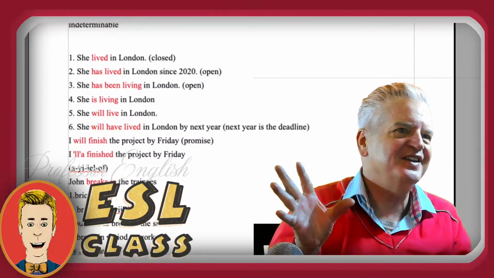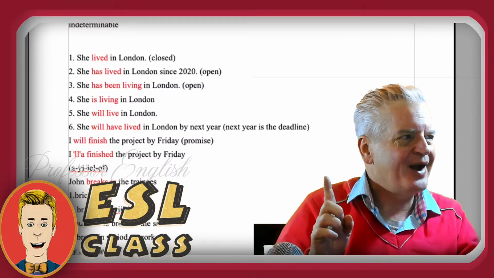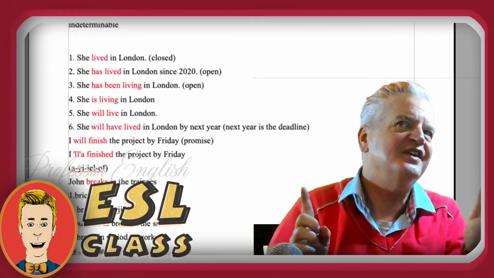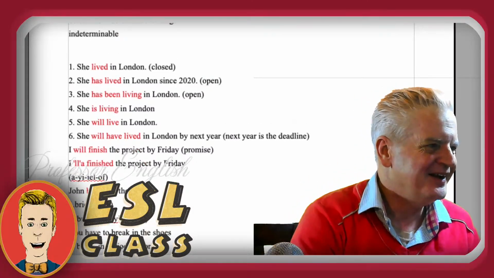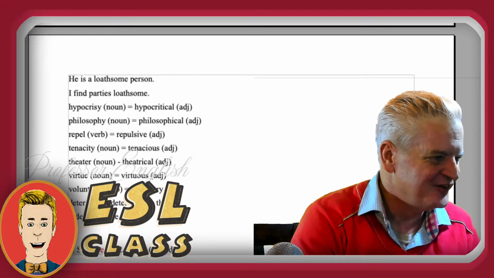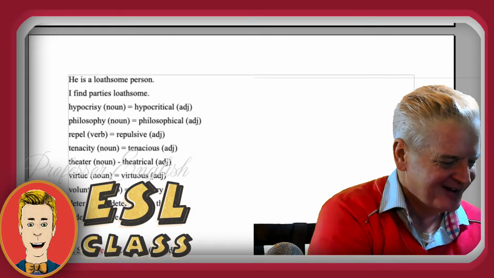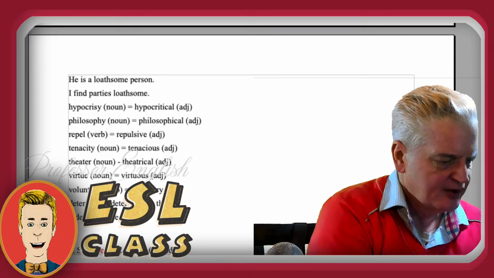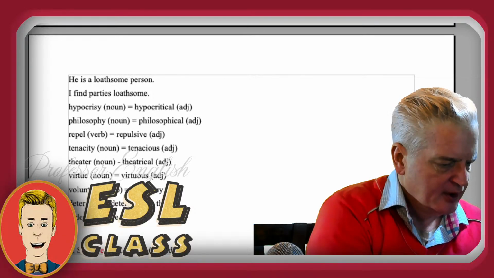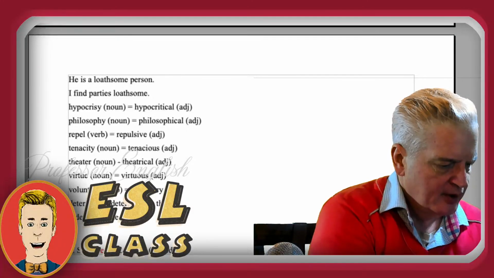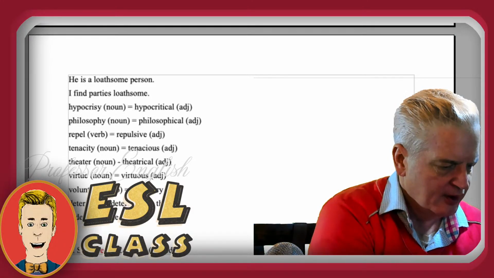maybe if we say these in different words. So I'll read number 3. She has been living in London. Let's say this a different way. Actually, I'll type it out. She didn't live in London in the past, but she lives there now. I am not sure where she will live in the future.